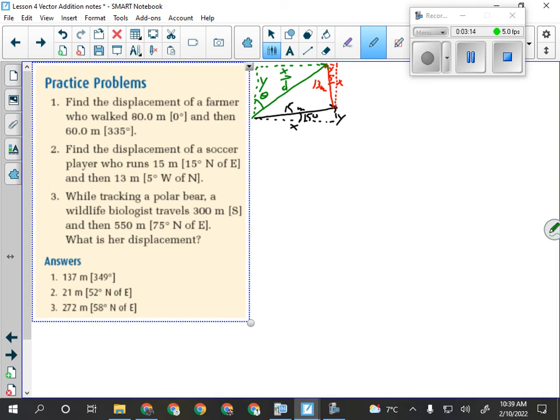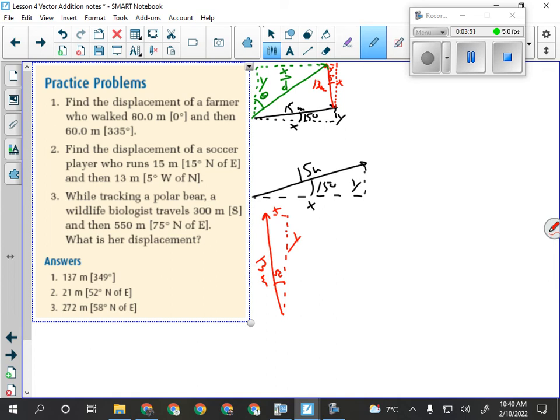So my first one, I would just have 15 degrees, 15 meters, x and y, and then I'd have my other one, which would be north, 13 meters, 5 degrees, x and y. I'm still going to get all the same numbers for black x and red x and black y and red y, because the triangles are the same.